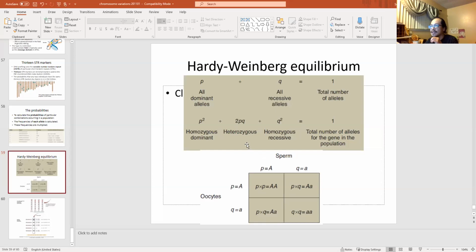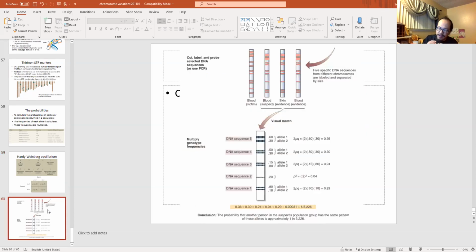So basically, PP means P squared, QQ means Q squared, and PQ, so you have P squared plus 2PQ plus Q squared equals 1. With this in mind, we can quantify the percentage.